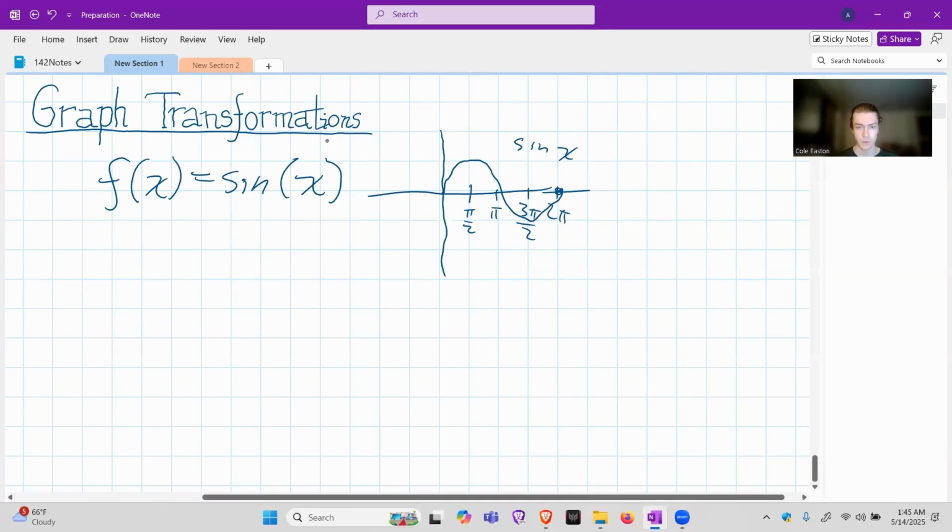Now let's do a new graph. I'm going to relabel the axes the same. By the way, this is 1. This is -1. Pi over 2, pi.